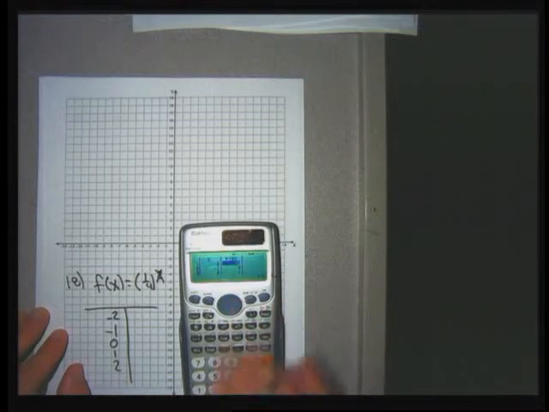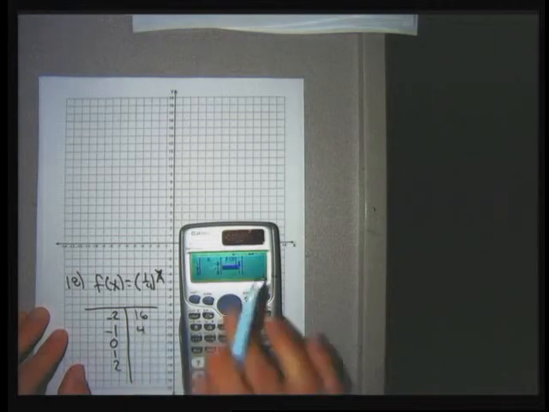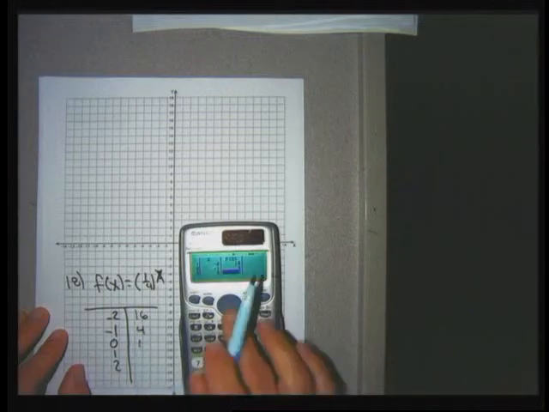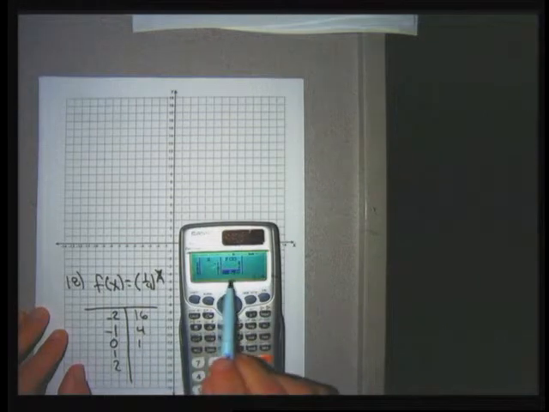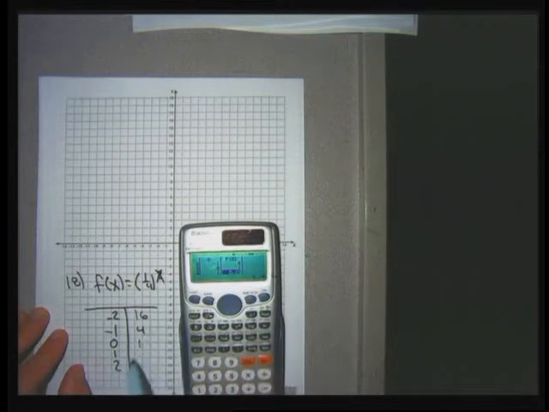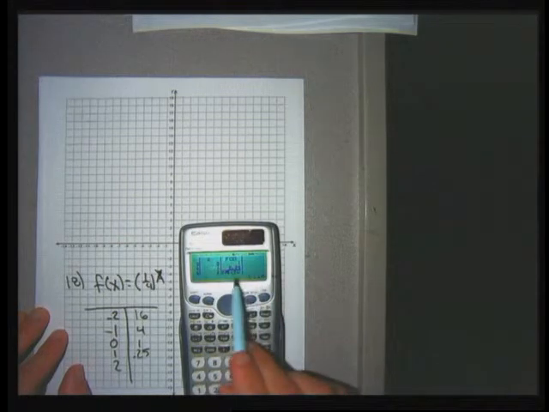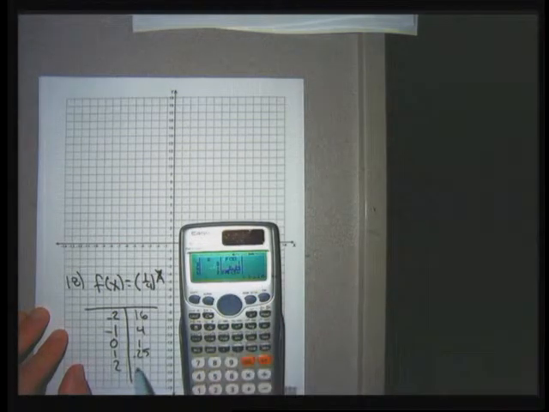The first point is the point -2, 16. The second point is -1, 4, and then 0, 1, and then 1, 0.25, or you can see over there it's a quarter. I'm going to write 0.25, but you can write a quarter and the calculator actually gives you that. The next point is 2, 1/16, which is 0.06. I'm going to write 0.1.